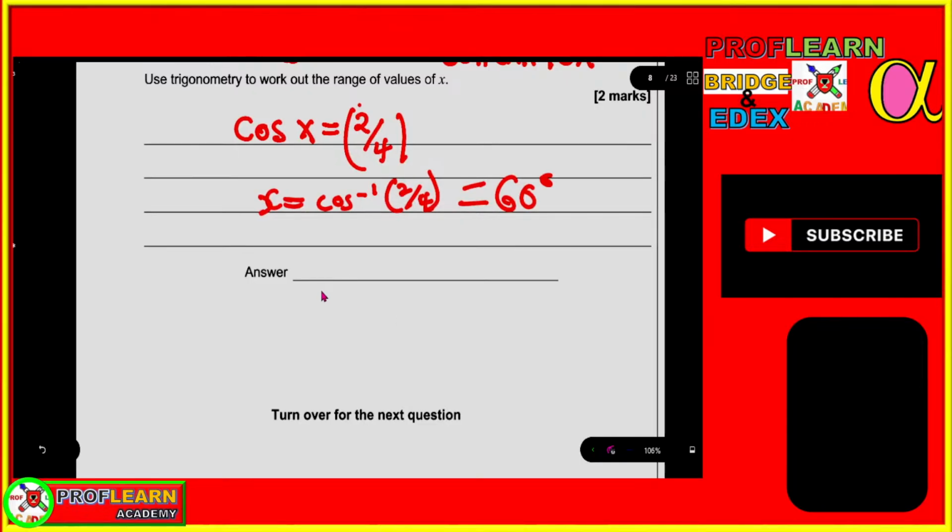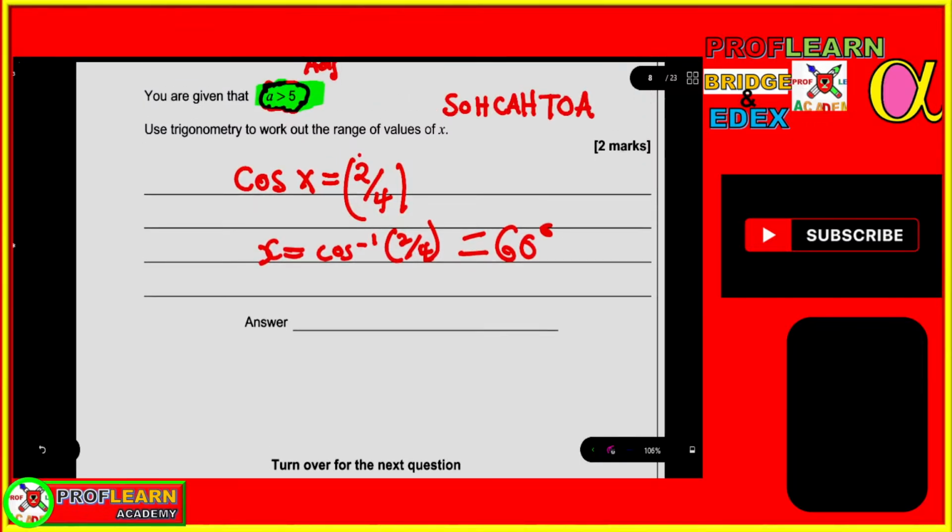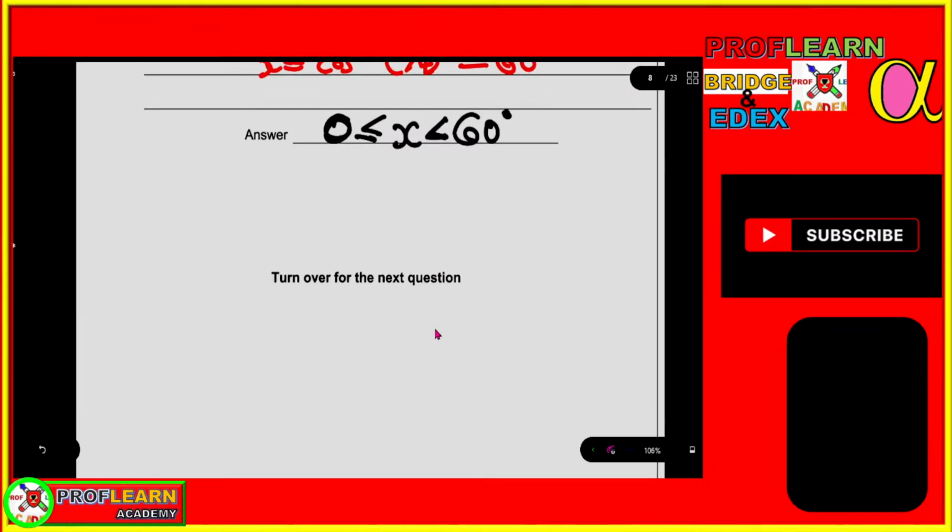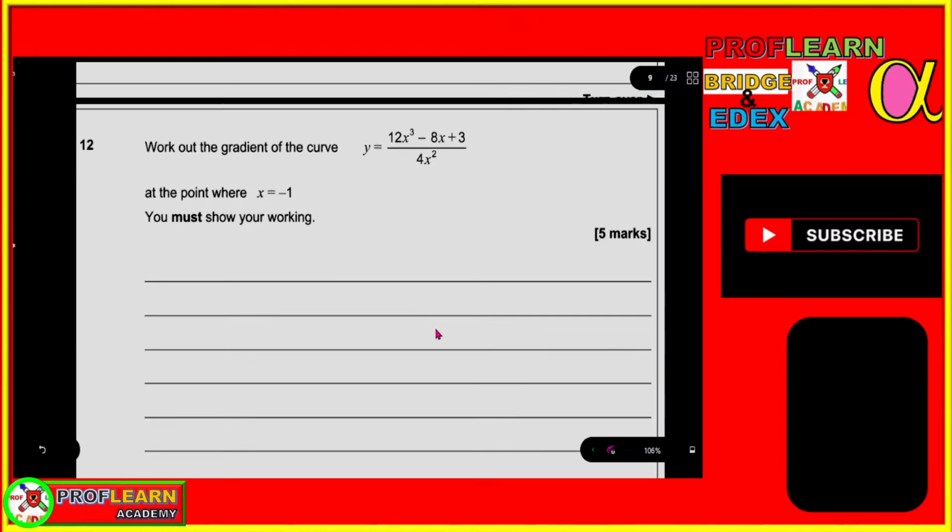And remember, in this paper we are not dealing with radians in further math, so we are going to say x is less than 60 degrees, greater than or equal to 0. That's how we write our range in that case.